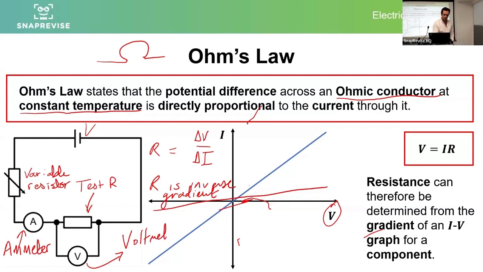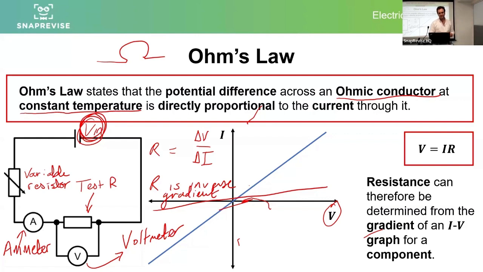We then vary our resistor, which will have the effect of varying the voltage. When the variable resistor is set to a low setting, then nearly all of this V in, we might call it initial velocity, not velocity, voltage, will be spent here at the test resistor.